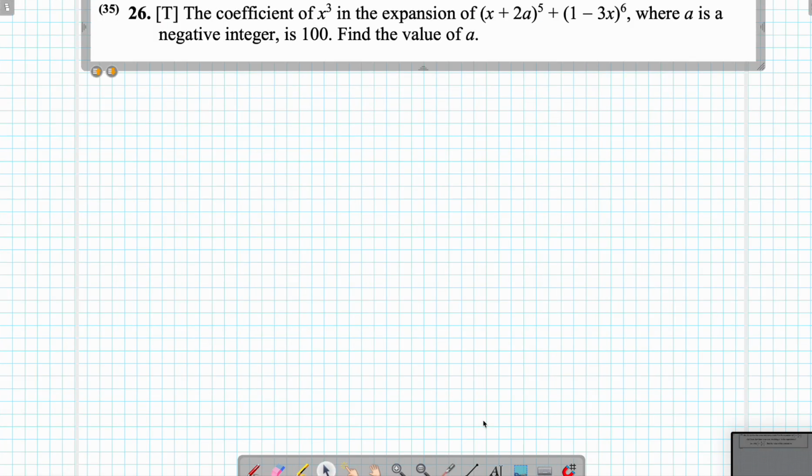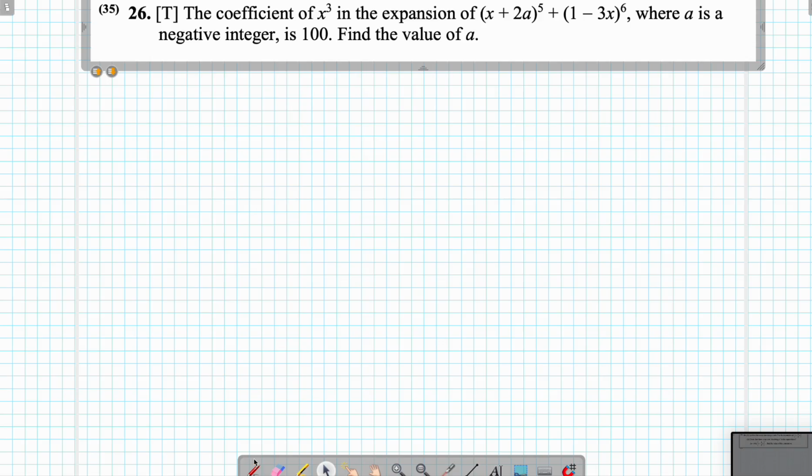Question 26. The coefficient of x cubed in the expansion of (x plus 2a) to the power of 5 plus (1 minus 3x) to the 6, where a is a negative integer, is 100. Find the value of a.